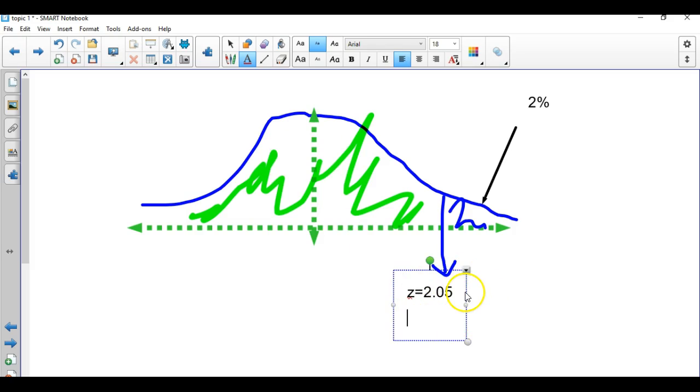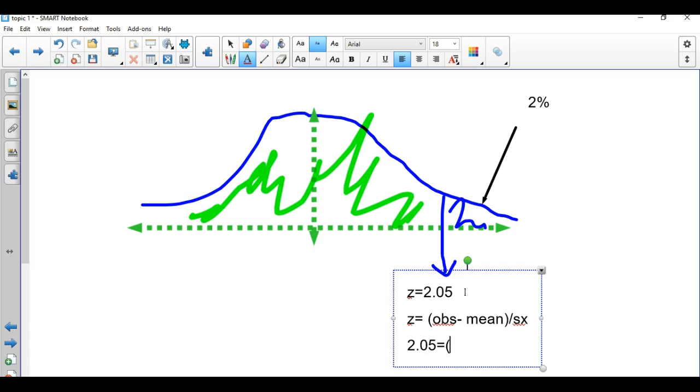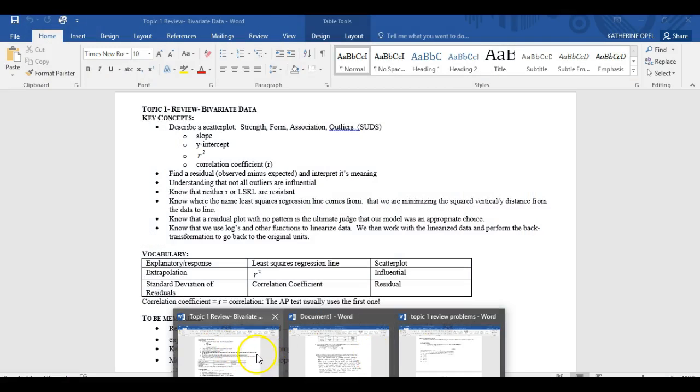Next, I know my z-score is equal to my observation minus my mean divided by my standard deviation. I know my observation, and I know my standard deviation, and I know my mean. My observation, I believe, was, let's see, we got to get it exactly.